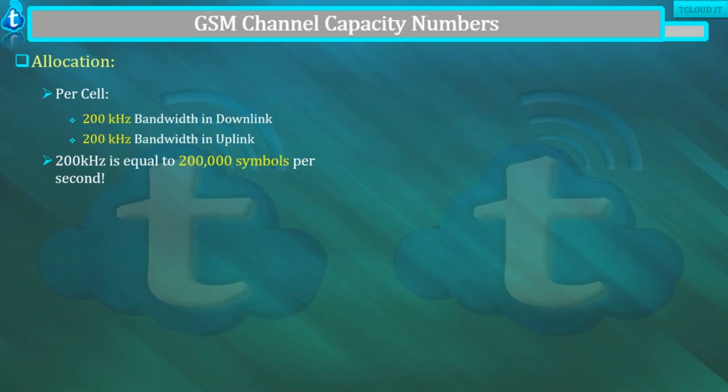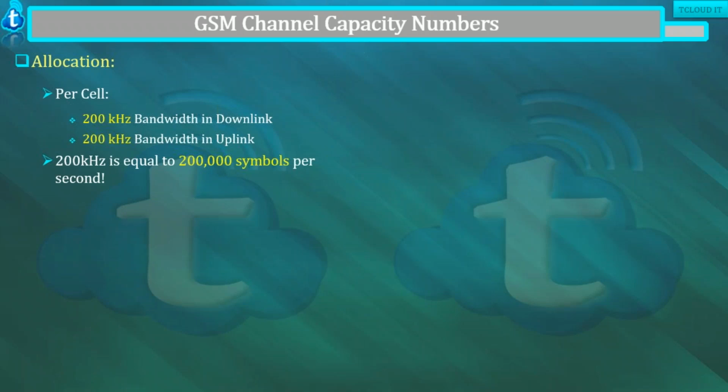Now, 200 kilohertz typically represents, Hz is one cycle. Basically, Hz is one cycle per second. If it is 200 kilohertz, kilo is 1000, 200 into 1000, which is equal to 200,000 symbols.